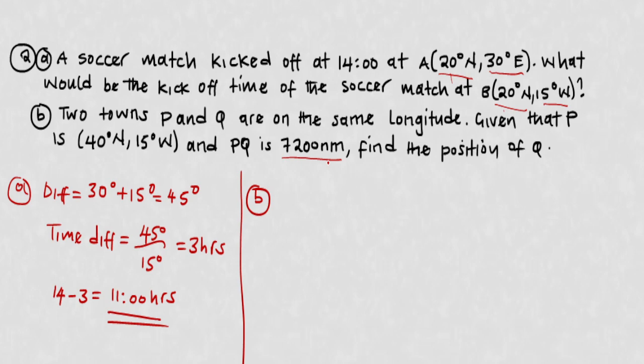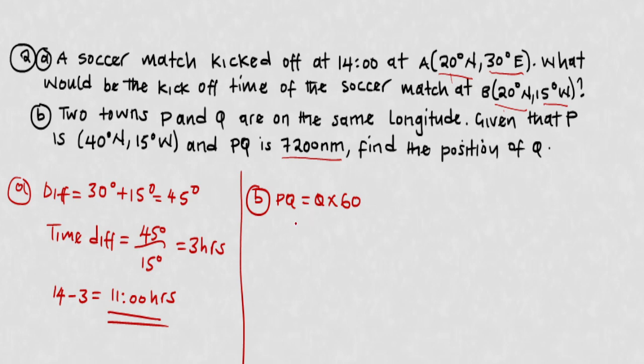To find the distance PQ when it is in nautical miles, the formula you can use is theta times 60. This formula can only work when you are working in nautical miles.